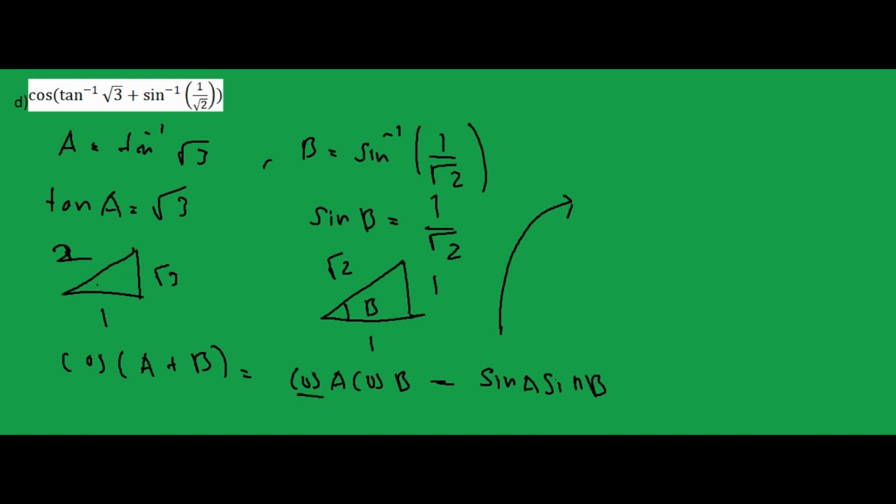This is angle A, adjacent over hypotenuse, which is 2 over 1. Cosine B is 1 over root 2, minus sine A. Sine A is opposite over hypotenuse, root 3 over 2.